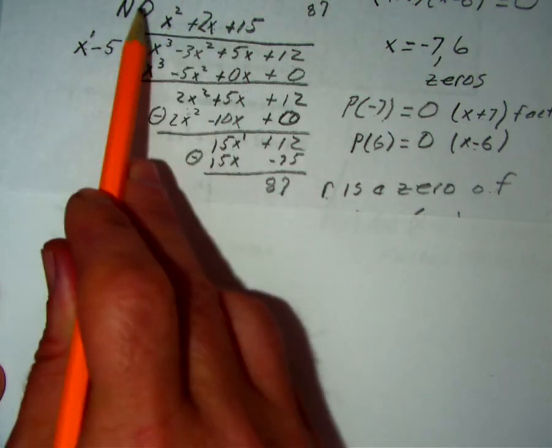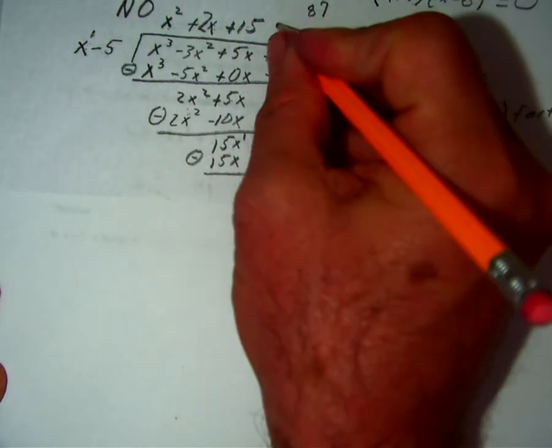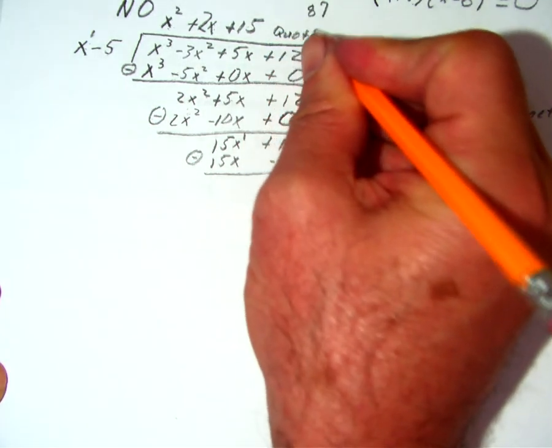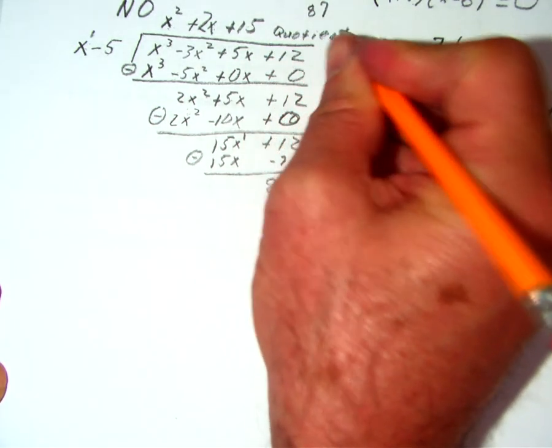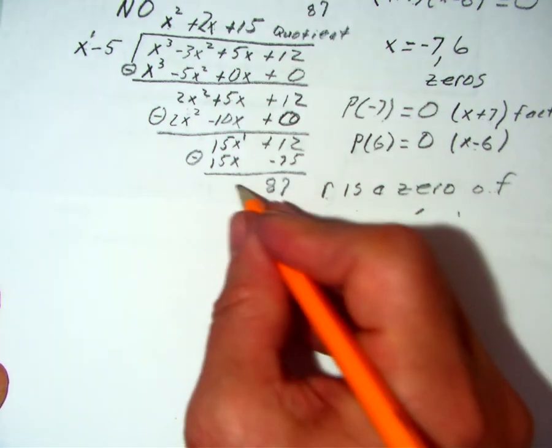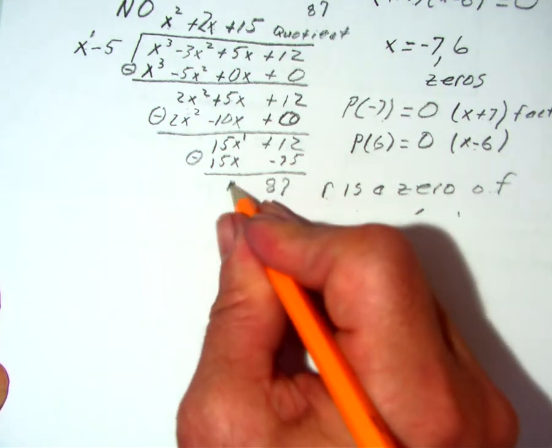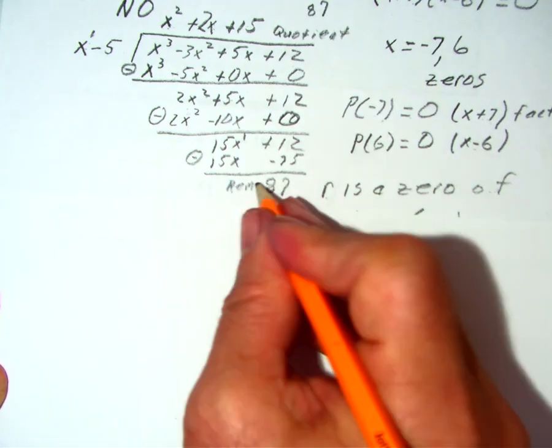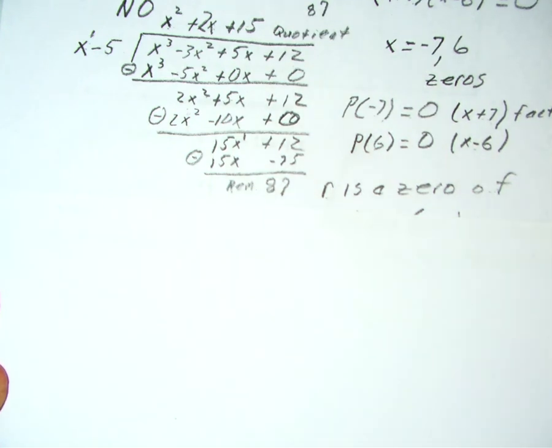Q-U-O-T-I-E-N-T, quotient. And this right here is called the remainder. I'll just call it REM, folks, abbreviated remainder.